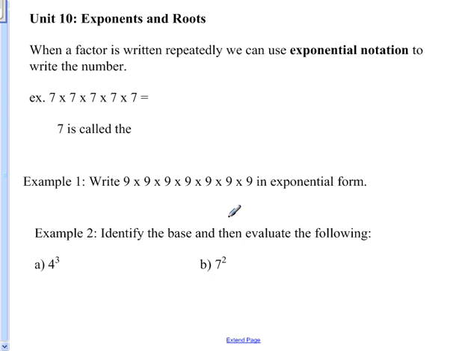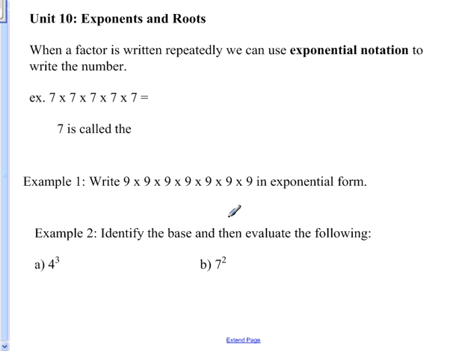When I write the same number over and over again, we call that repeated multiplication. And often, instead of writing a number multiple times, such as we did here, where I have 7 times 7 times 7 times 7 times 7, we use an abbreviated notation called exponential notation.